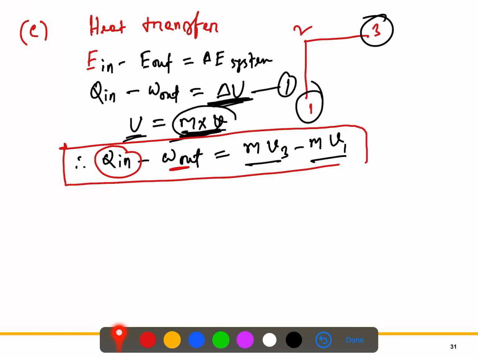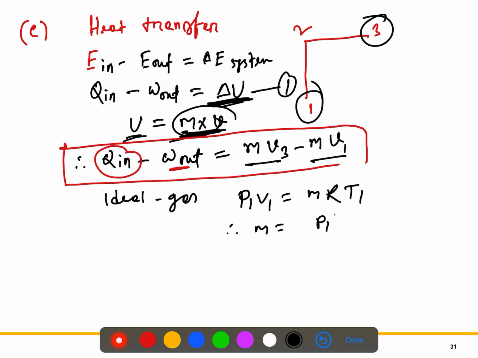So from the ideal gas relation, we know PV equals mRT. So we can write P1 V1 equals mRT1, or m equals P1 V1 over RT1.